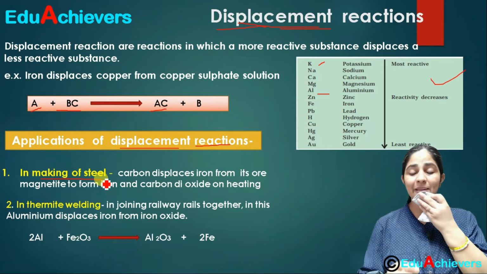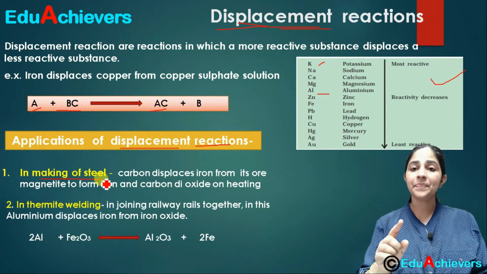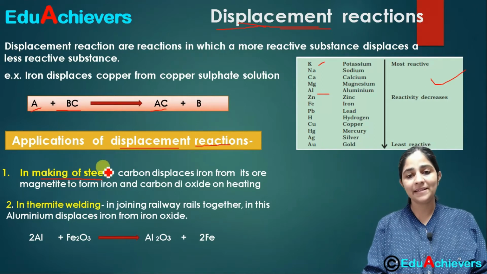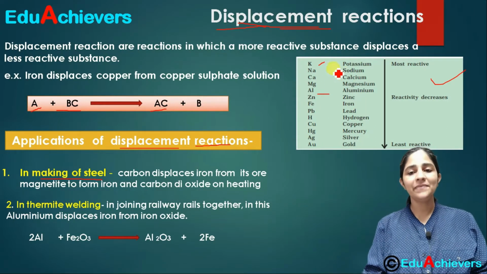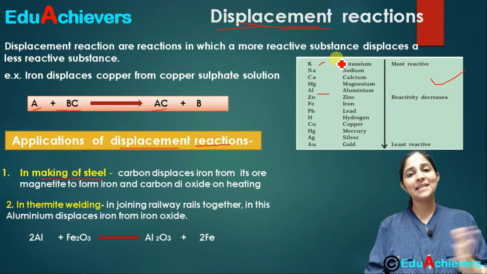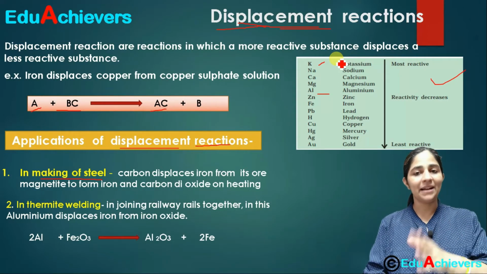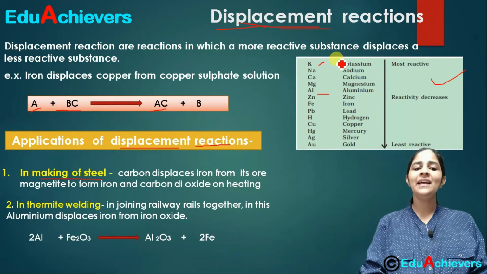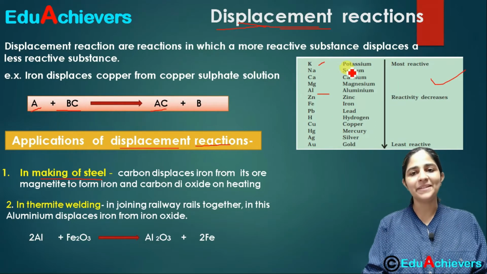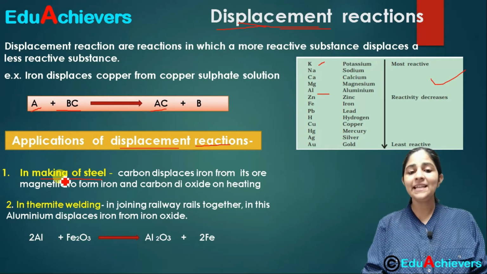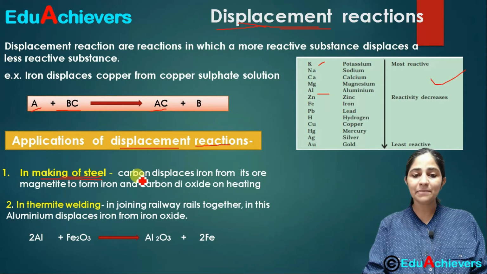Now remember, it is not just that more reactive metals displace less reactive metals; there are several other elements also which can displace other metals or other elements. Fine, but this is a common thing which happens. Correct? So while making steel here, the carbon displaces the iron from its ore.